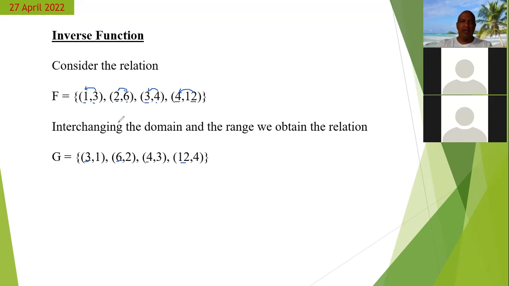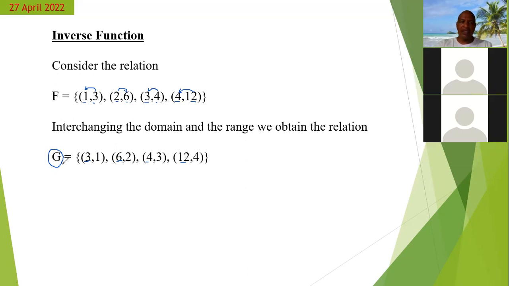Now to be a little more formal with the definition of an inverse function, in order to show that g is an inverse function of f, we're generally not going to change the letter. We just use g here to make a distinction.